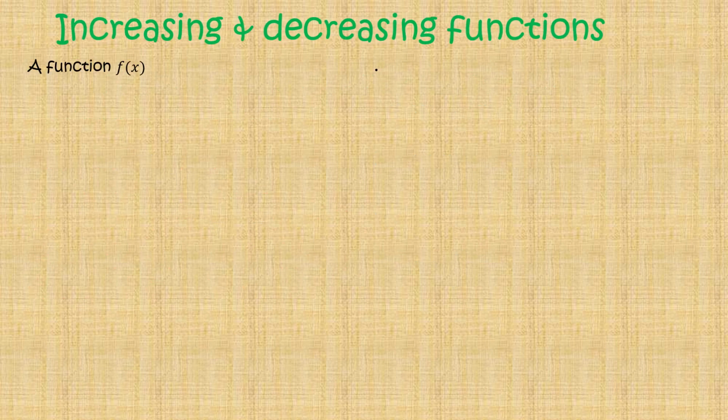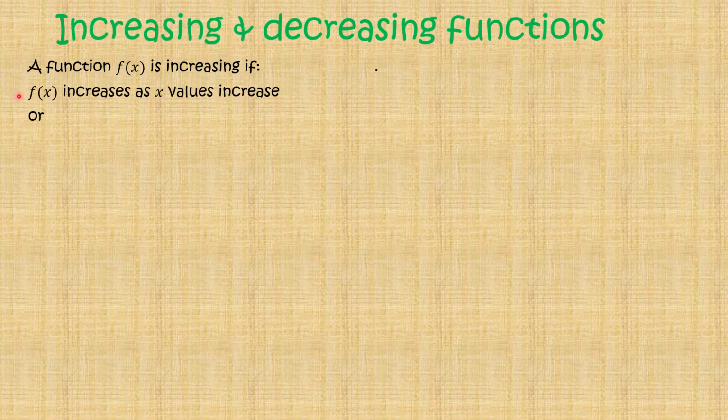Now continuing, a function f of x is said to be increasing if f of x increases as the x values increase, or f of a is less than f of b, where a is less than b. These are the x values.